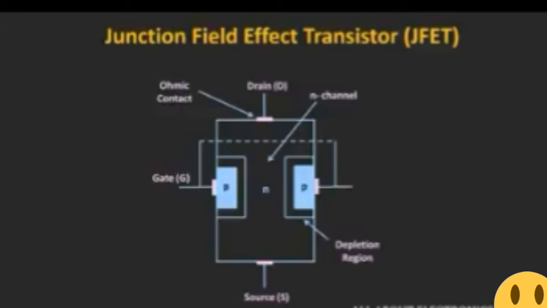So in a way, the reverse biased PN junction isolates the gate terminal from the channel, and that is why this type of field effect transistor is known as JFET or junction field effect transistor.